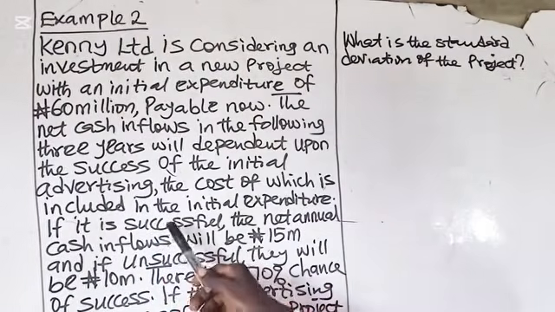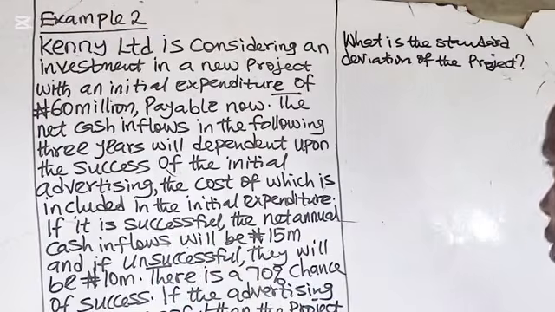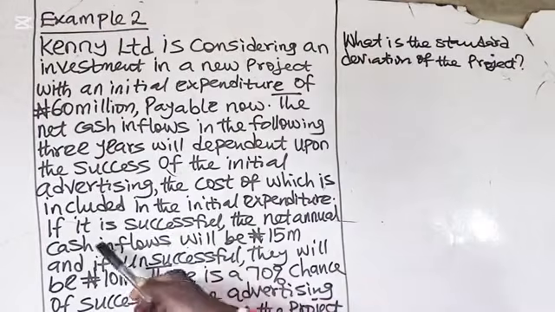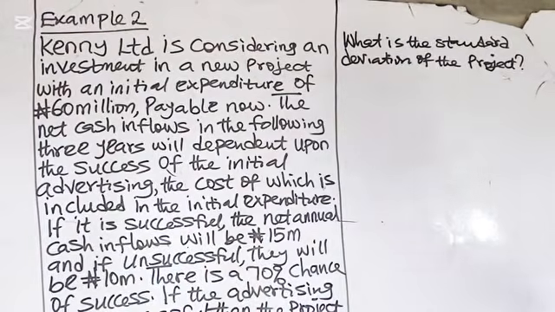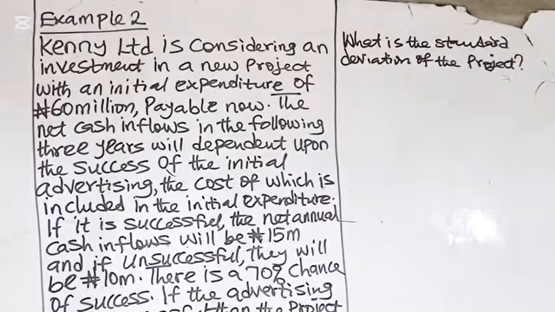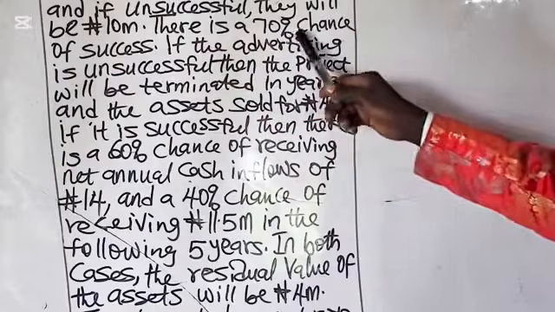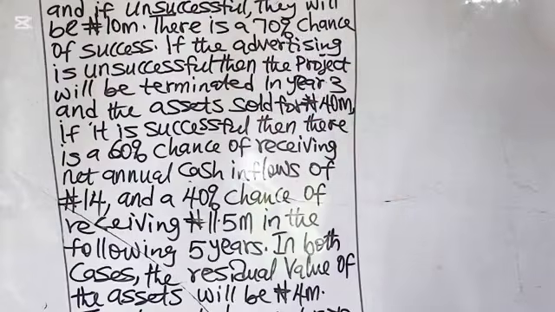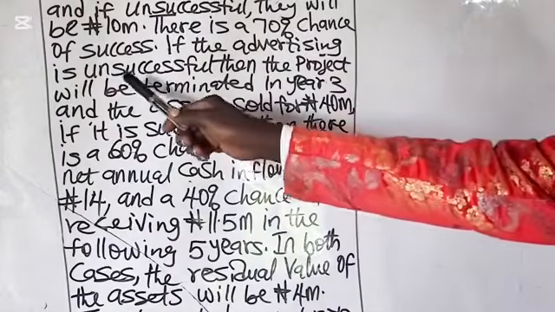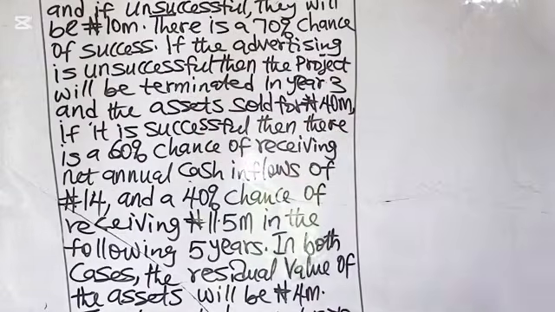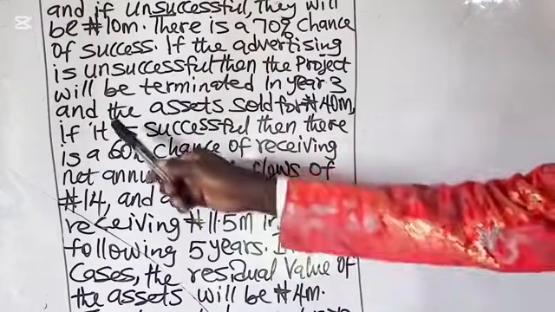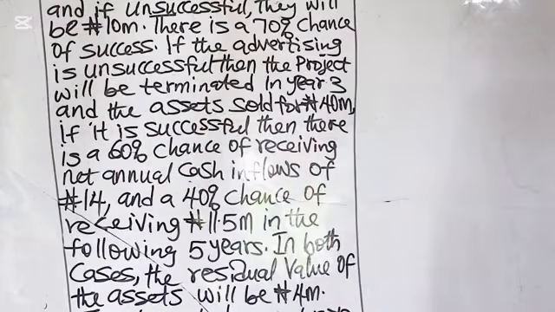If it is successful, the net annual cash inflows will be 15 million naira, and if unsuccessful, they will be 10 million naira. There is a 70% chance of success. If the advertising is unsuccessful, then the project will be terminated in year 3 and the assets sold for 40 million naira.